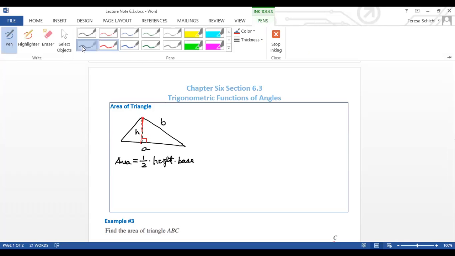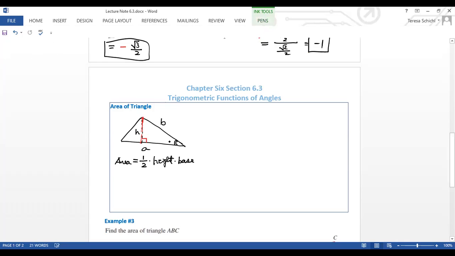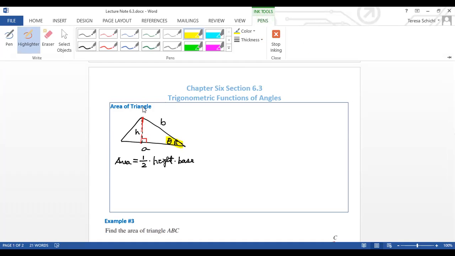Now let's take a look at one beautiful formula here. If this is theta, my angle here, how do I find the height?